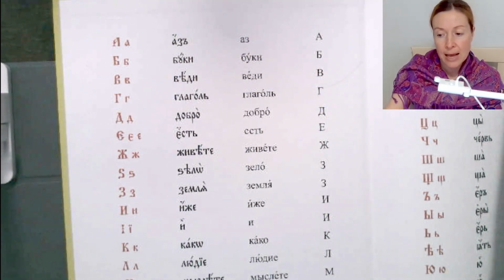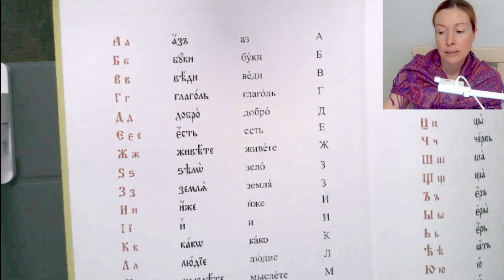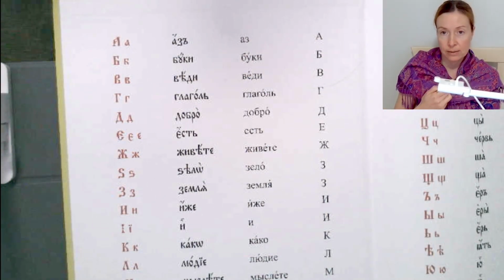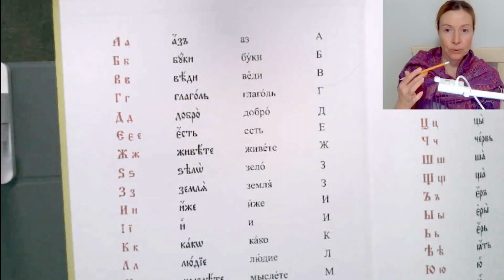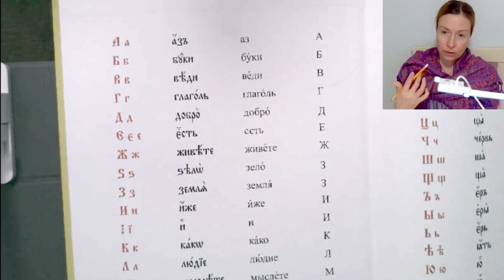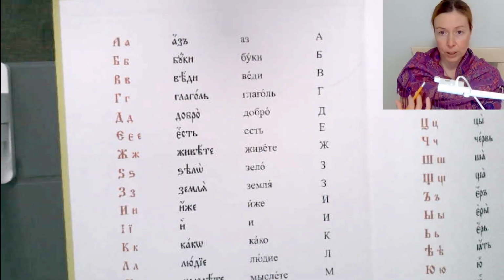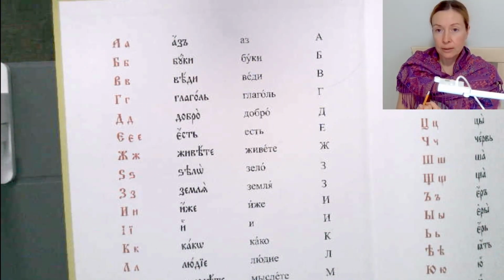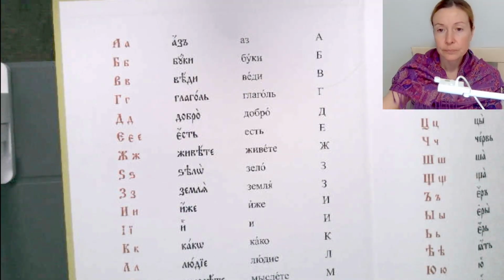And then Az actually means I. I as in I am. And it symbolized the importance of a human as an image of God, you know.